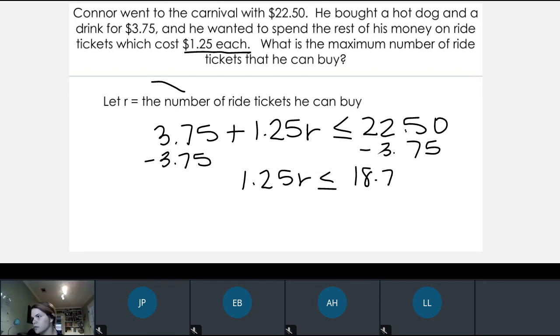Good. Okay, and then what's our last step going to be? Divide by what? Good.